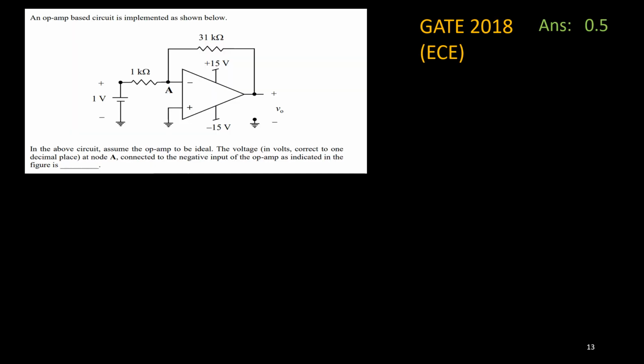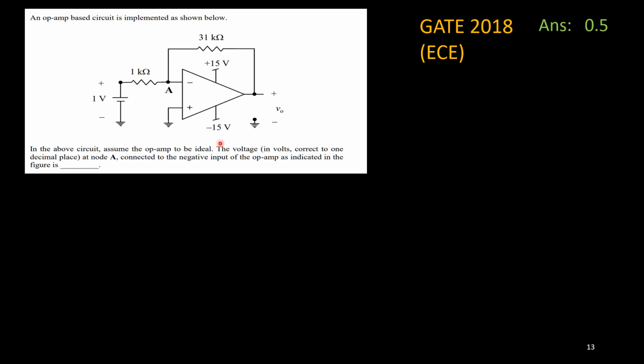Okay. Now, in the last lecture, I said that we can solve few problems from GATE papers without writing any equations. So let us see those problems. So GATE 2018, this paper, and look at the problem here.